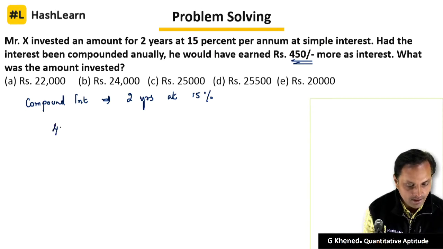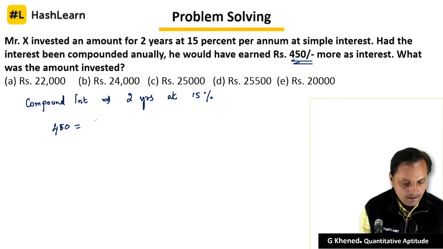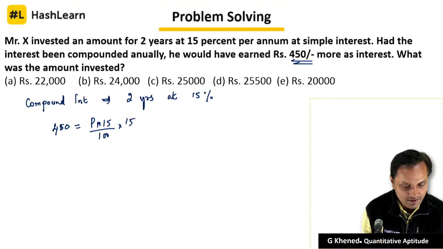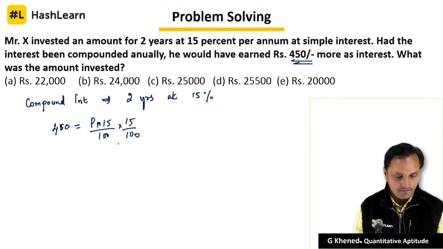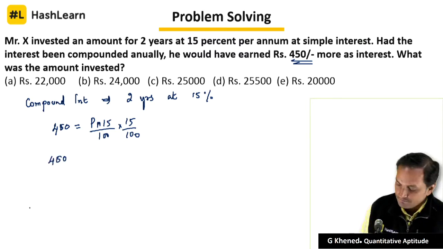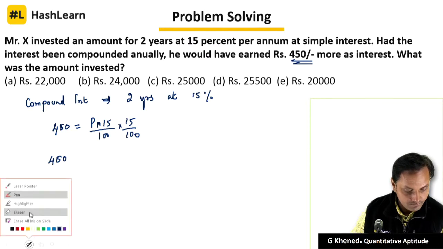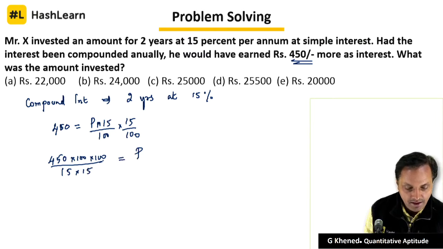In the sense, you can easily take it as 450 is equal to P into 15% for the first year, 15% for the second year. So 450 into 100 into 100 divided by 15 into 15, that should be equal to P.